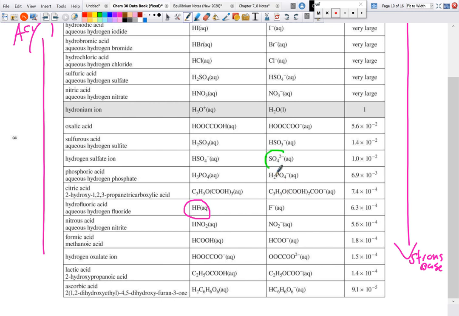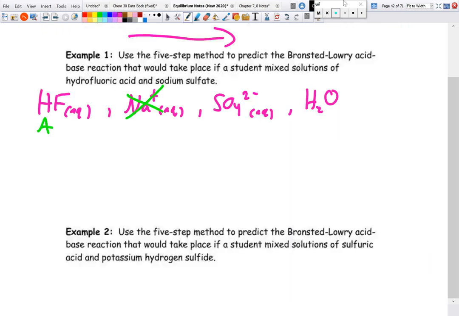Yeah, right here. Sorry, took me a while to find that one. So our sulfate ion is right here. Now you'll notice sulfate does not show up there, so we can classify sulfate as our base. And water can act as both an acid and a base.